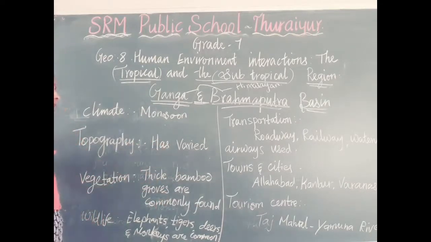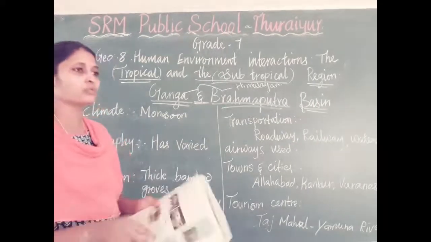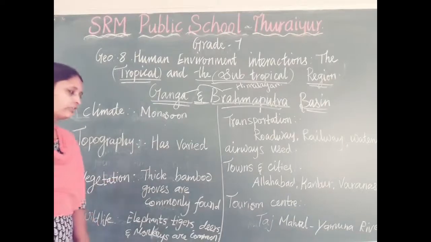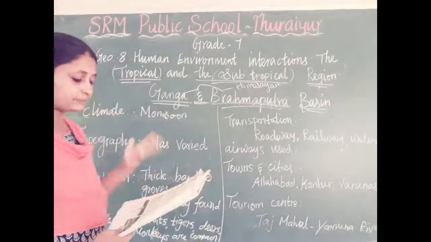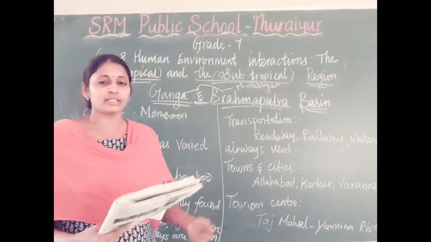Okay, what vegetation can we find in the Ganga Brahmaputra region? Commonly we can find bamboo trees. Not only bamboo, a variety of things are cultivated.